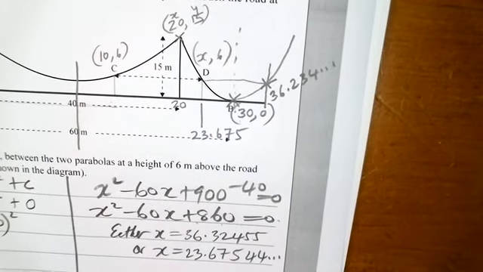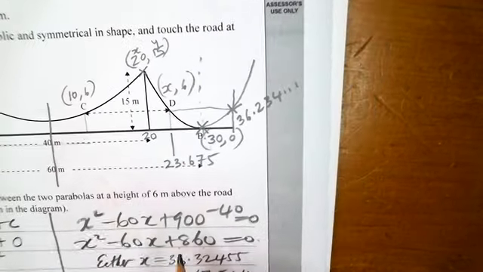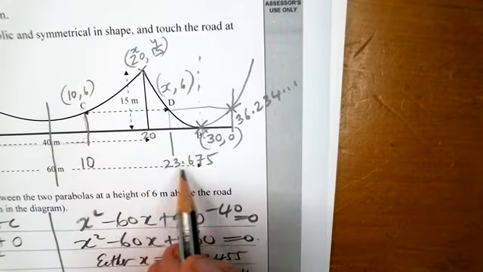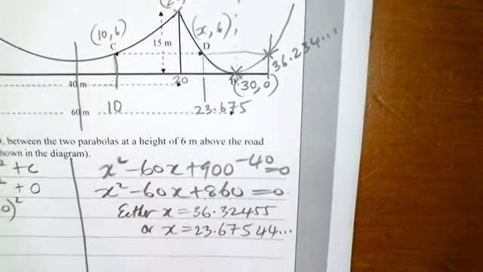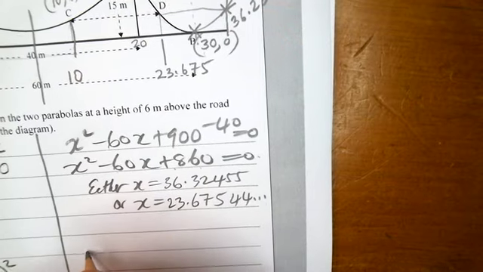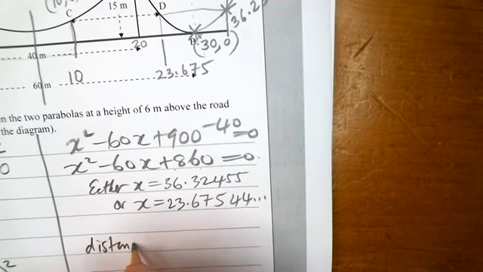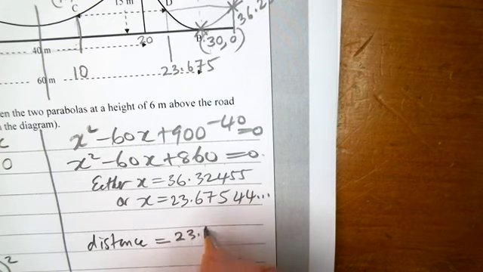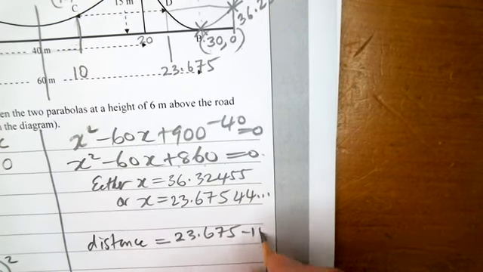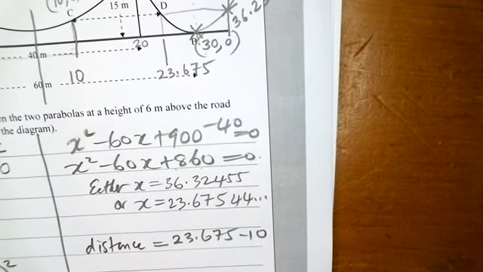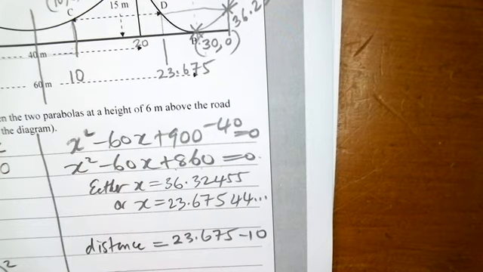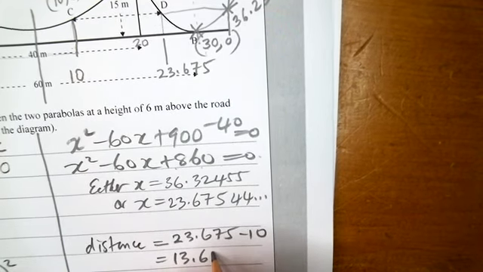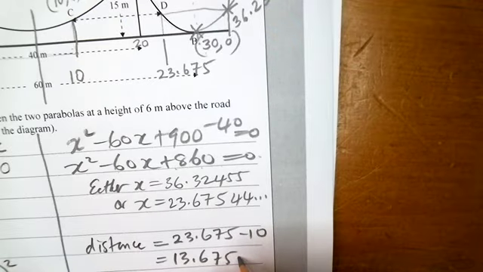Now, the question really is, how far is it from here, which was 10, to 23.675? The distance is equal to 23.675 minus 10, which is going to be a rather nice 13.675 meters.